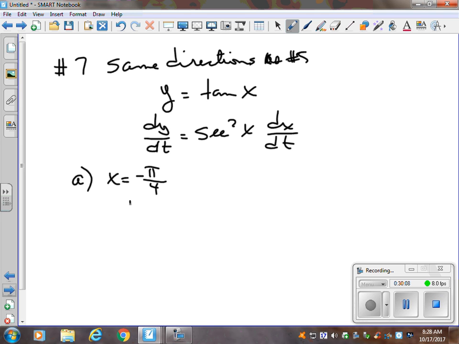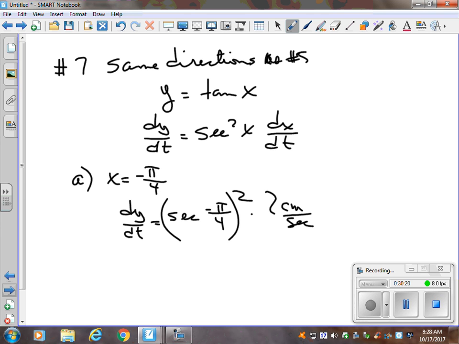So we're going to put in dy over dt equals secant of negative pi over 4. Whatever we get for that, we're going to square it. And we're going to multiply it by 2 centimeters per second, because we're using the directions for number 5 to do number 7 with just a different formula. Does that make sense? On why my rate's still that, because that was in the directions.